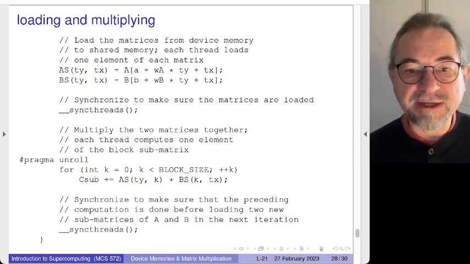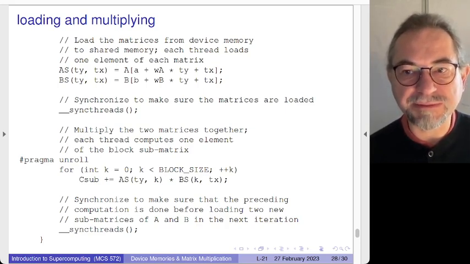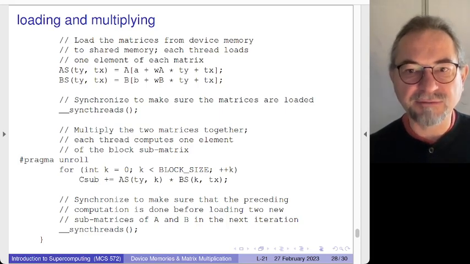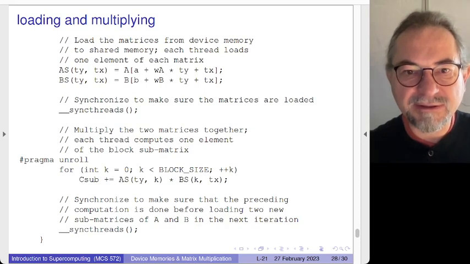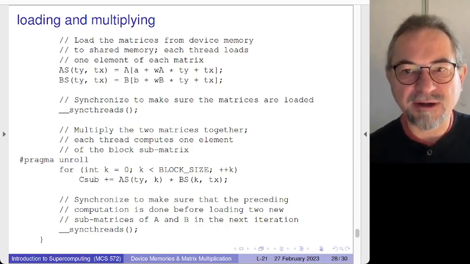But the main point is again that the local variable is now kind of counterintuitive. So this code is executed by an entire block of threads, and you tend to think about these tiles.